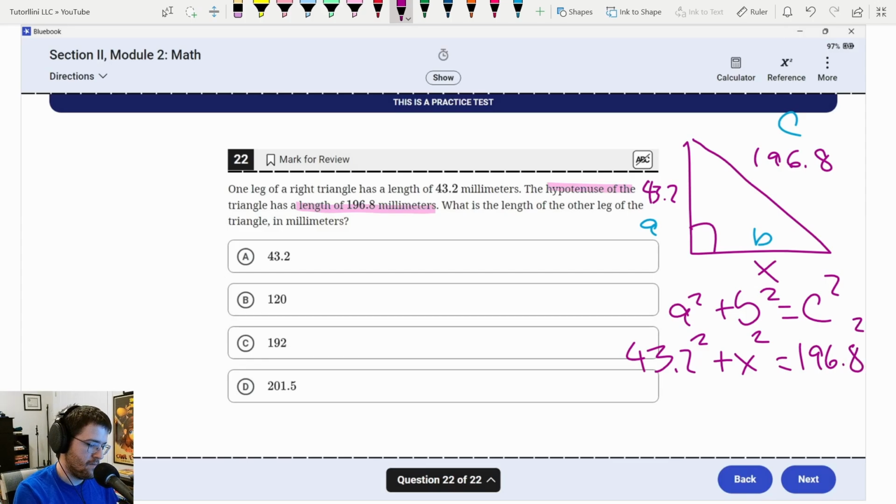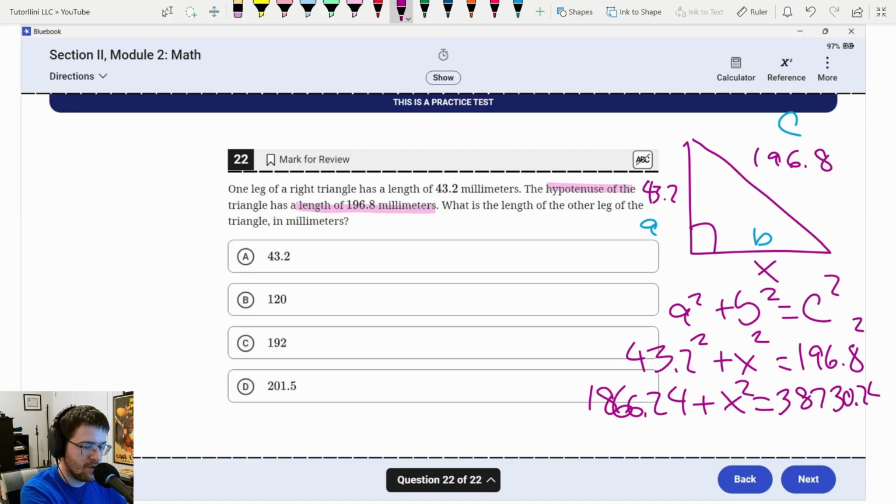And let's see. I could just use Desmos at this point if you really wanted to. You could just type that equation in. This is such an important skill, though. All right, 38,730.24, something like that.